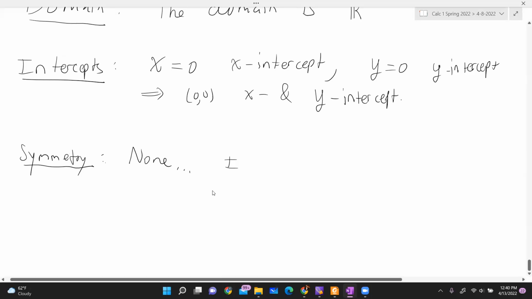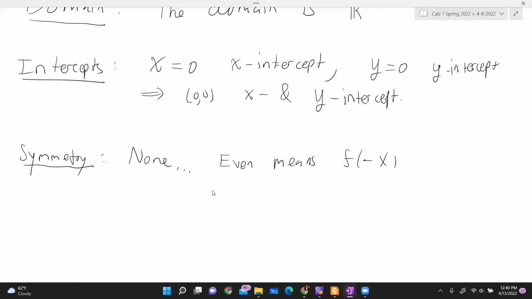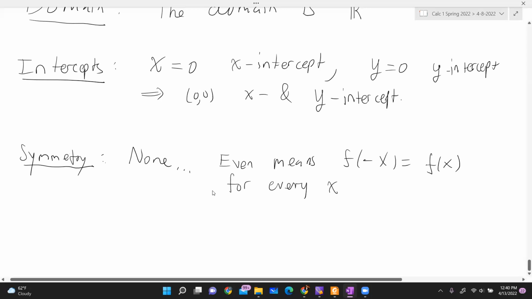So let's recall even and odd first of all. If the function is even, it means that f of negative x is equal to f of x. And that has to hold for every x in the domain.